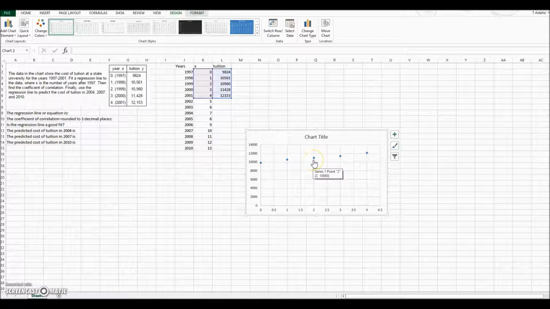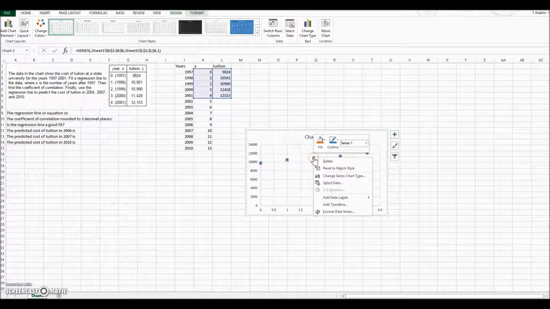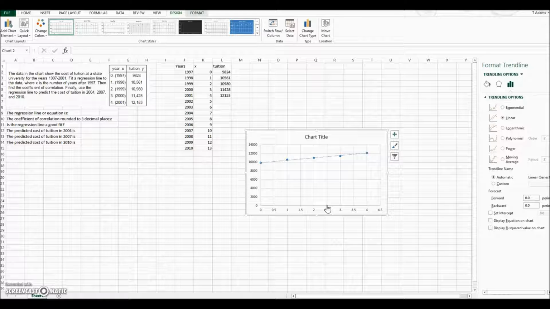Next, to get the equation that we're after, we have to right click on the point. A window opens up, and we're interested in selecting the Add Trend Line, second from the bottom. I'm going to select that. Notice it is fit a line to the data. It's kind of averaging the highs and the lows and creating the best fit line. We have a format trend line window that's opened up.